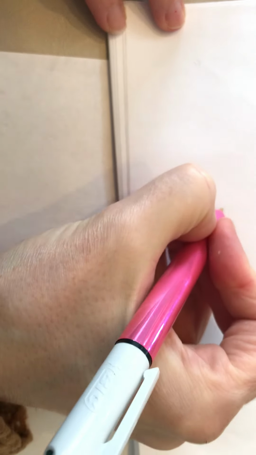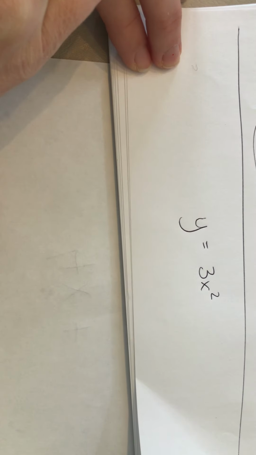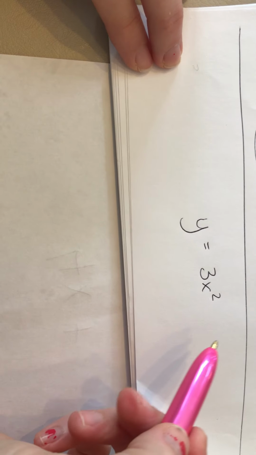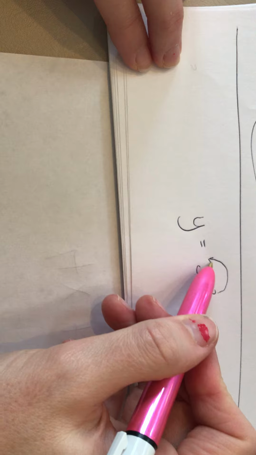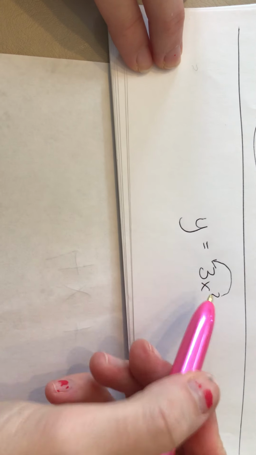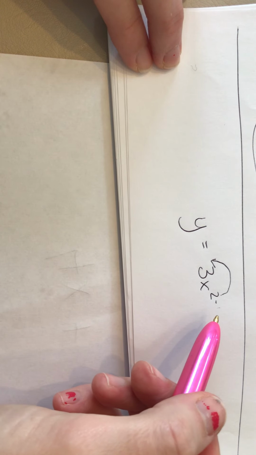If we had another function, so let's say new question, and our function was y equals 3x squared. The rule for differentiation is you bring your power in front, so that would be 2 in front of the 3, so 2 times 3, and you subtract 1 from that original power.